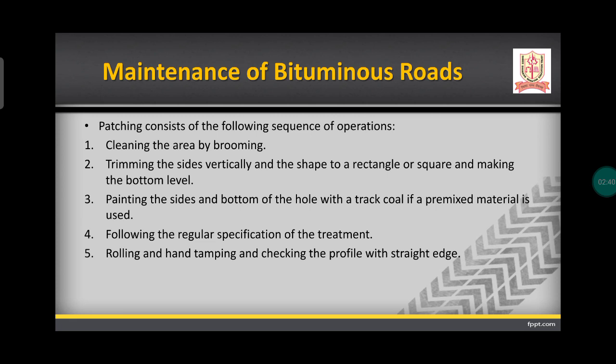After coating the surface with the tack coat, we have to place the material. After placing, we have to tamp the material so that it settles smoothly. After tamping, we check the profile to see whether it is at the same level or not. After checking the profile and leveling the surface, we have to seal the surface with the help of sealing material.